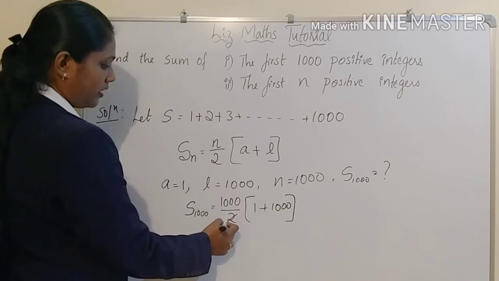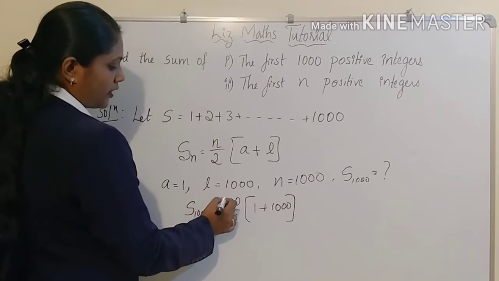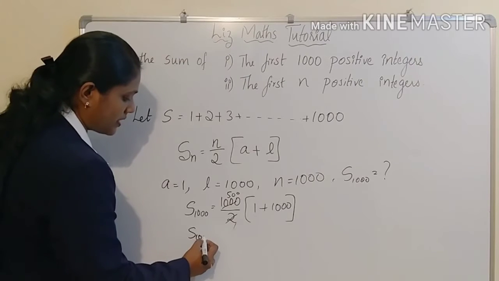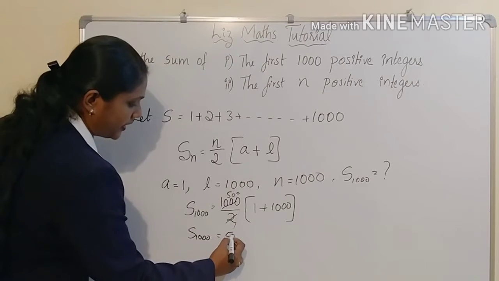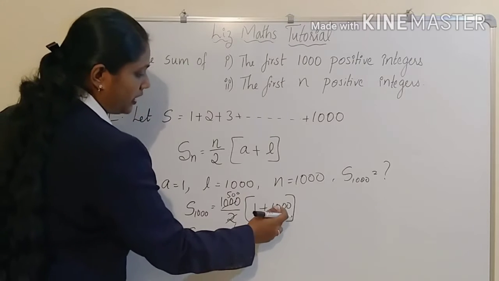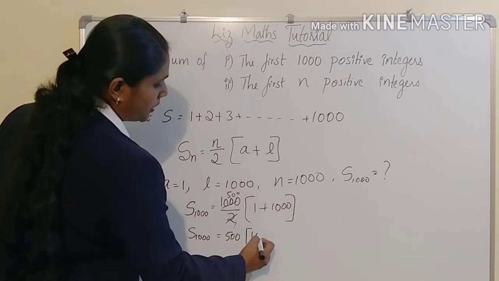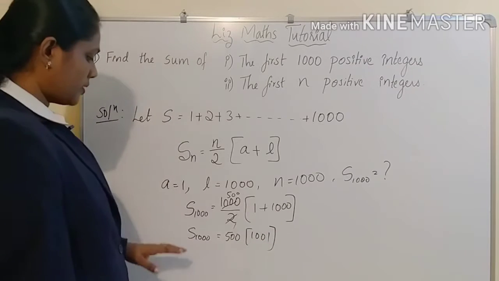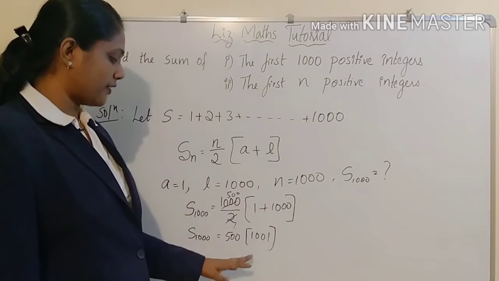Now here 2 fives are 10, so 500s are 1000. So S1000 is equal to 500 into 1000 plus 1, that is 1001, isn't it?